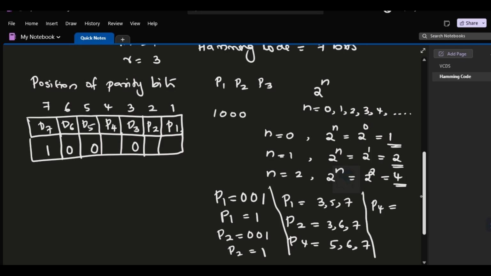P4 is equal to 5, 6 and 7. 5 is 0, 6 is 0 and 7 is 1. Here also, to make this even parity, you have to take P4 as 1. So you got P1 as 1, P2 as 1 and P4 as 1, and your Hamming code will be 1 0 0 1 0 1 1.